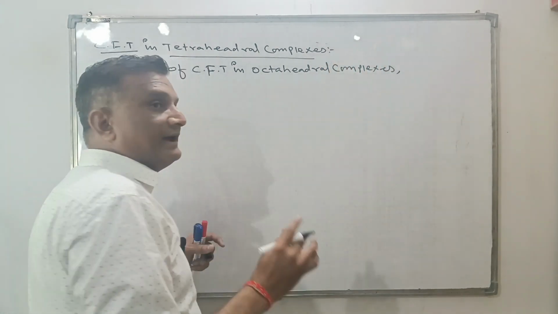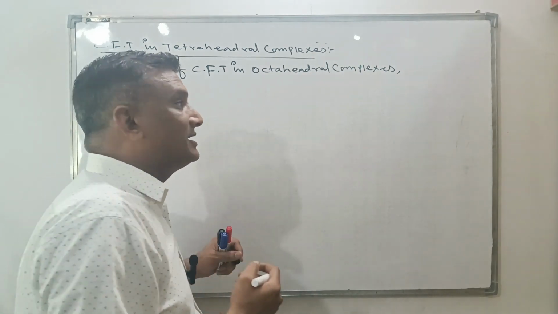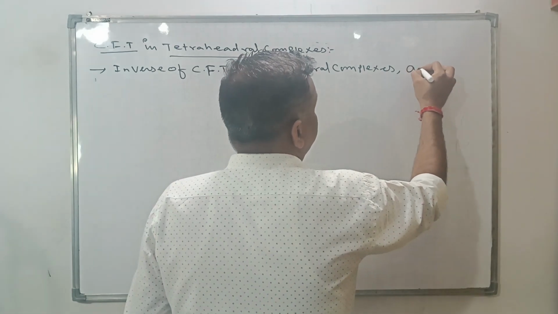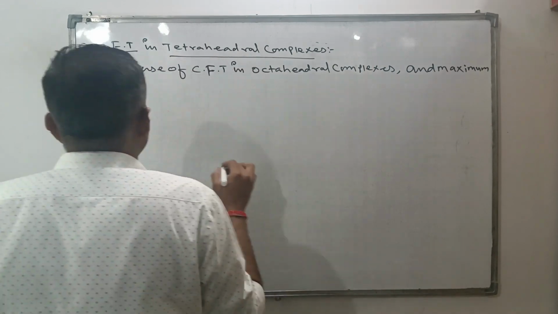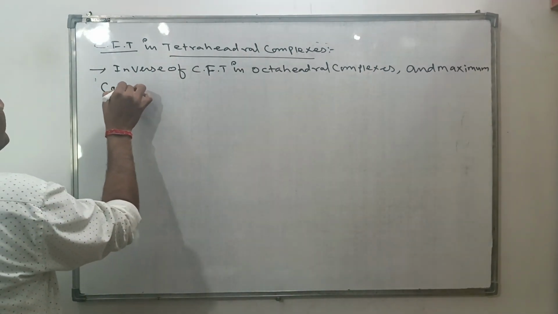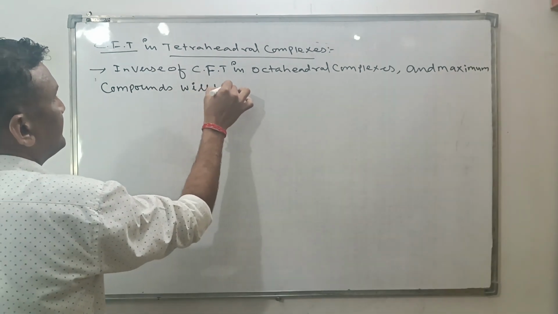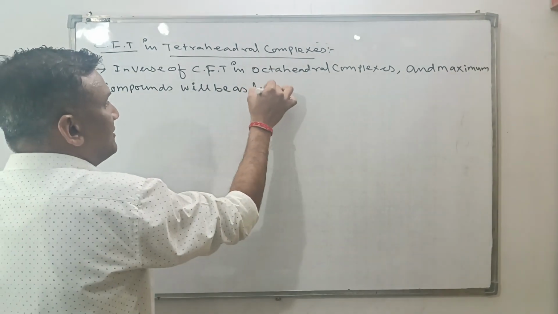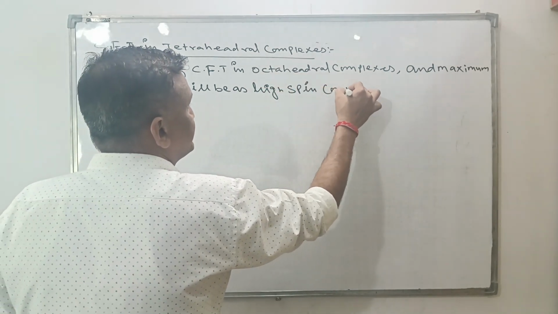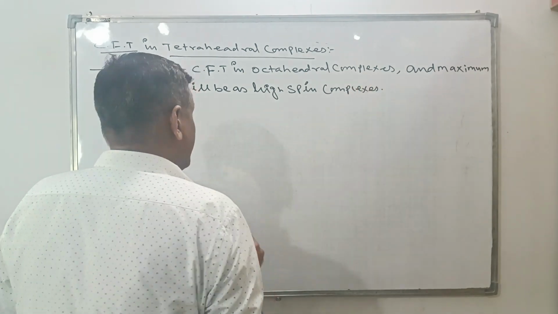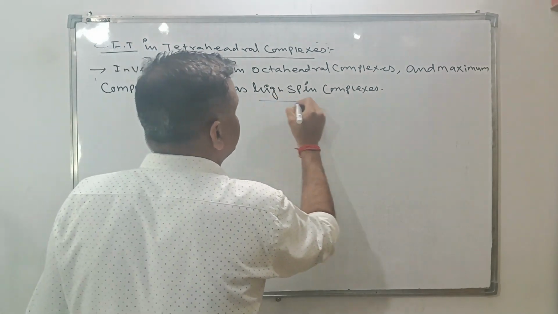Means here T2G will be the higher energy orbital and EG will be the lower energy orbital, and maximum compounds will be high spin complexes. This is the most important thing. Means maximum complex compounds will be high spin complexes.